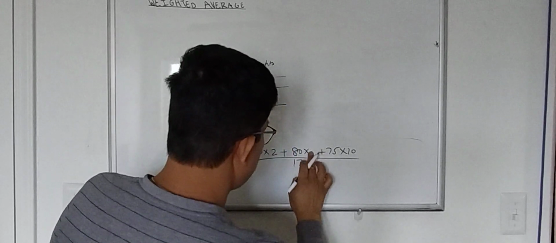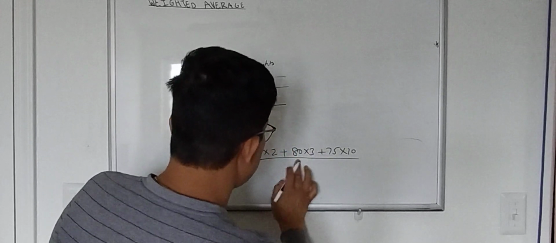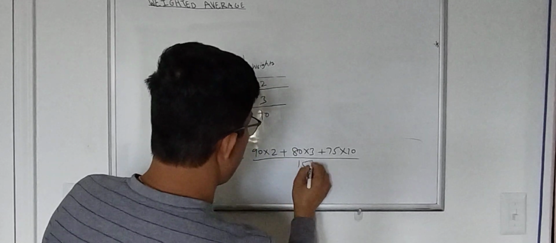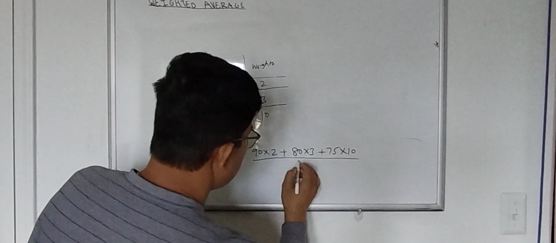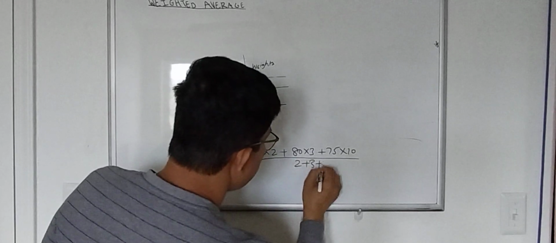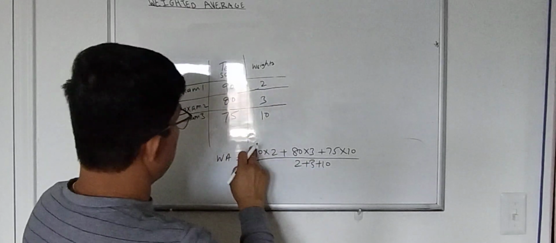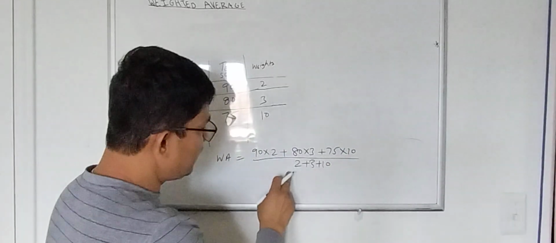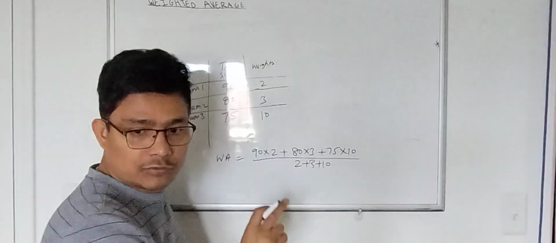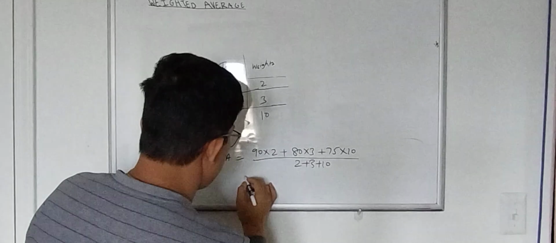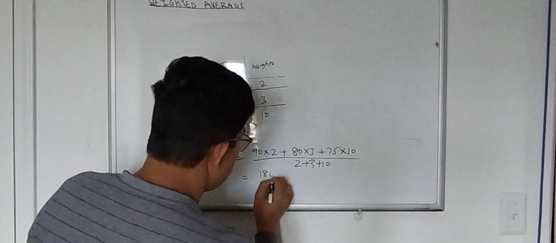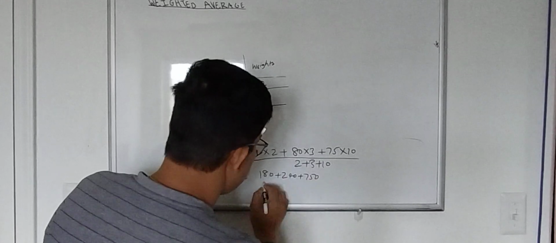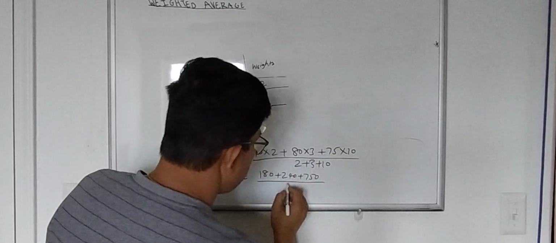Okay? 3 here. 2, 3, 5, 10, 15. So what I am doing is multiply these two, multiply these two, multiply these two, and take their sum, divide by the sum of weights. You can write later, okay? So this is 180 plus 240 plus 750 divided by 15.